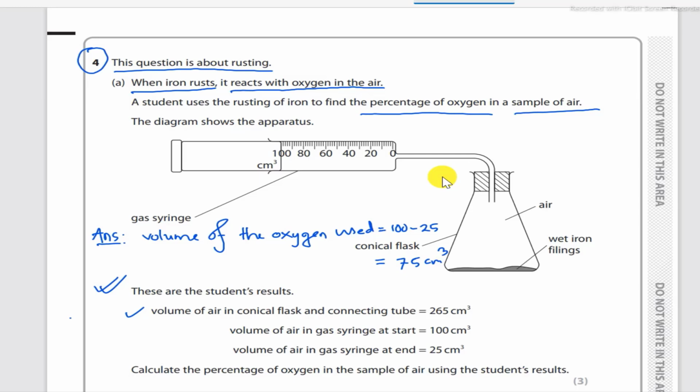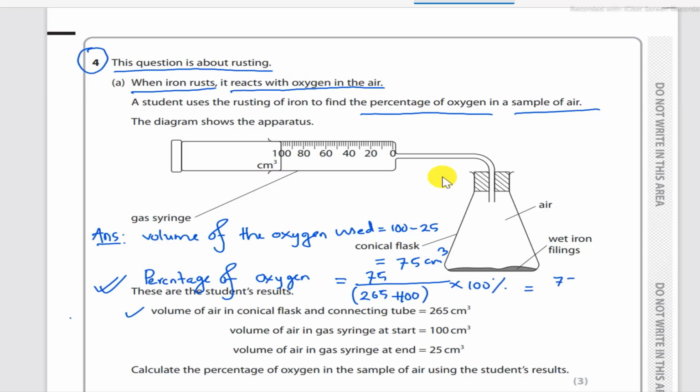So percentage of oxygen equal to 75 divided by total volume 265 plus 100, into 100%.